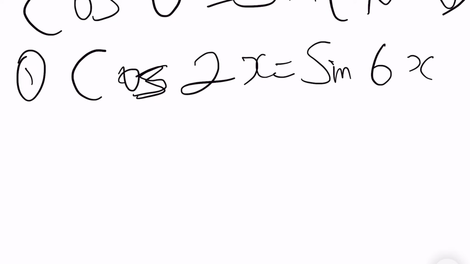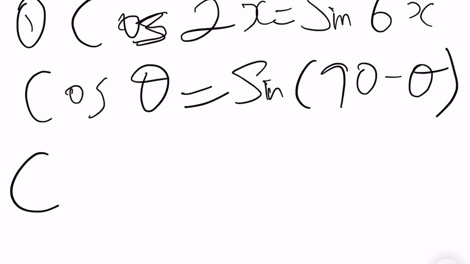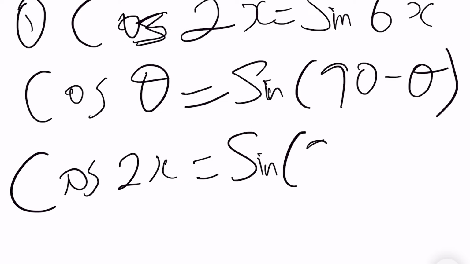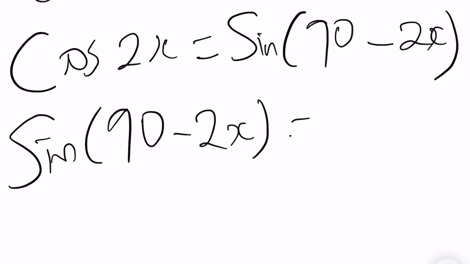Now, it is important to know that cos theta is equal to sin 90 minus theta. So cos 2x will now be sin 90 minus 2x, so we have sin 90 minus 2x equals sin 6x.